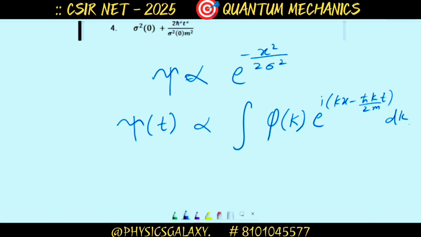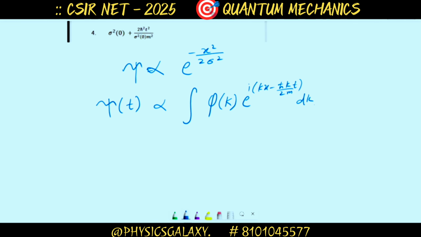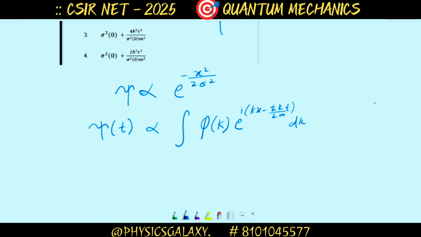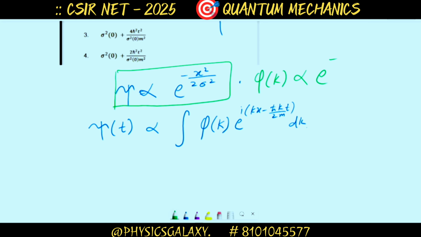Okay, so this we already know, right? Where phi of k, if we know psi is given by the Gaussian, phi of k will also be a Gaussian, proportional to e to the power minus k square sigma square by 2. It will have the same functional form.